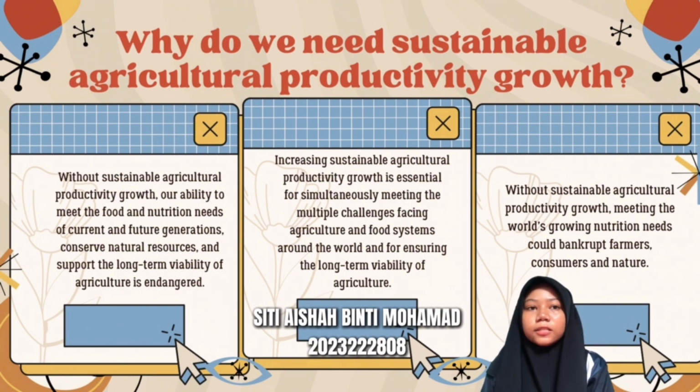Next, increasing sustainable agriculture productivity growth is essential for simultaneously meeting the multiple challenges facing agriculture and food system around the world and for ensuring the long-term viability of agriculture. Lastly, without sustainable agriculture productivity growth, meeting the world's growing nutrient needs could bankrupt farmers, consumers, and nature.